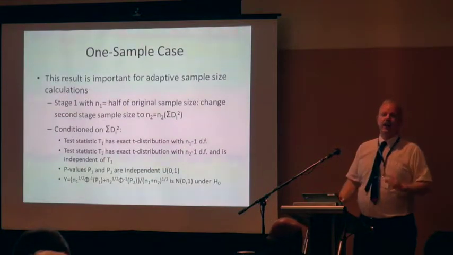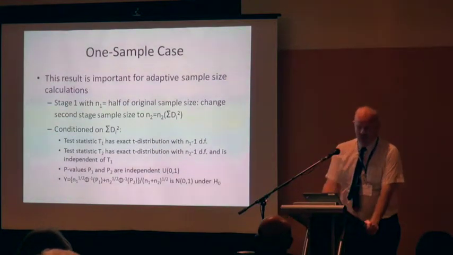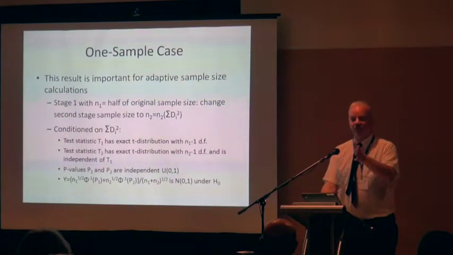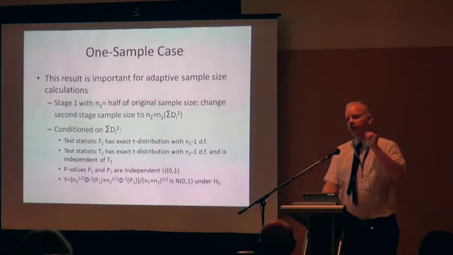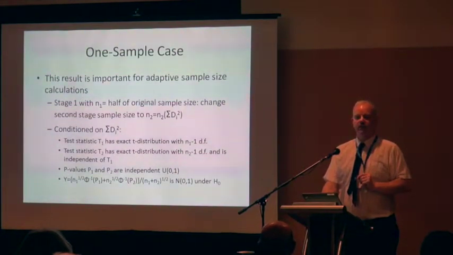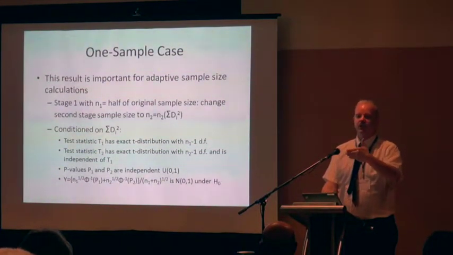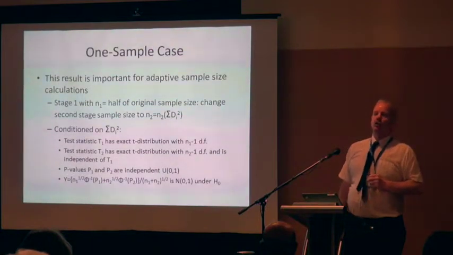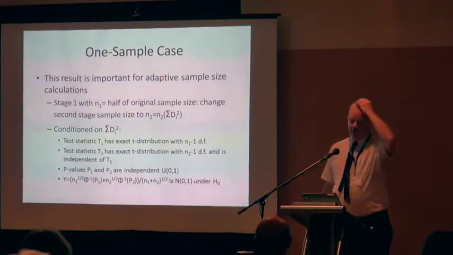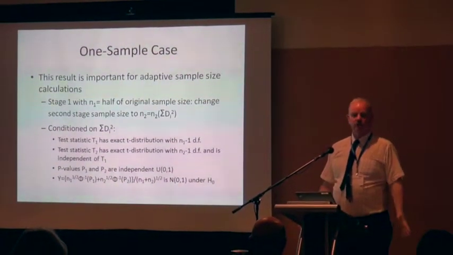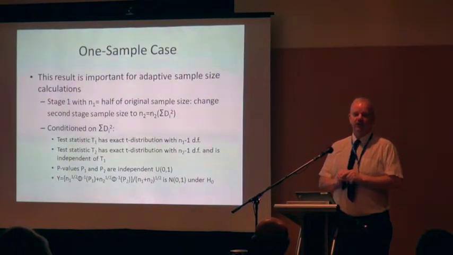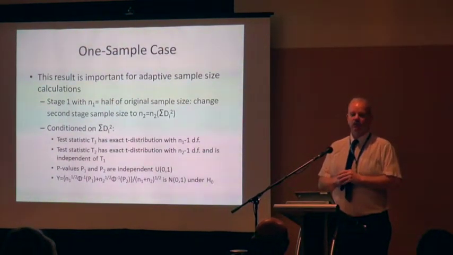Oh, I see. That's a good question. So if there's a huge treatment effect, then that's not so good, because the sum of the d squareds will also be big if you have a huge treatment effect. But I would argue, the number of clinical trials with a huge treatment effect, unfortunately, is relatively small.